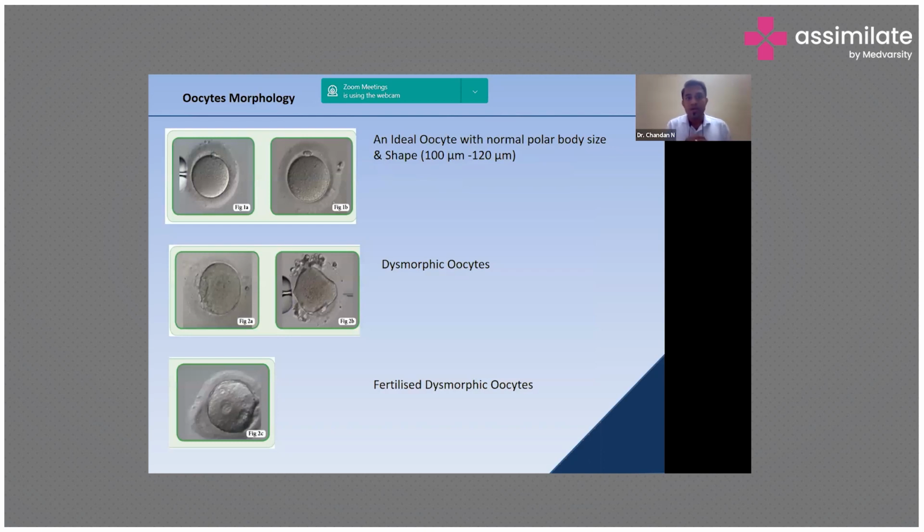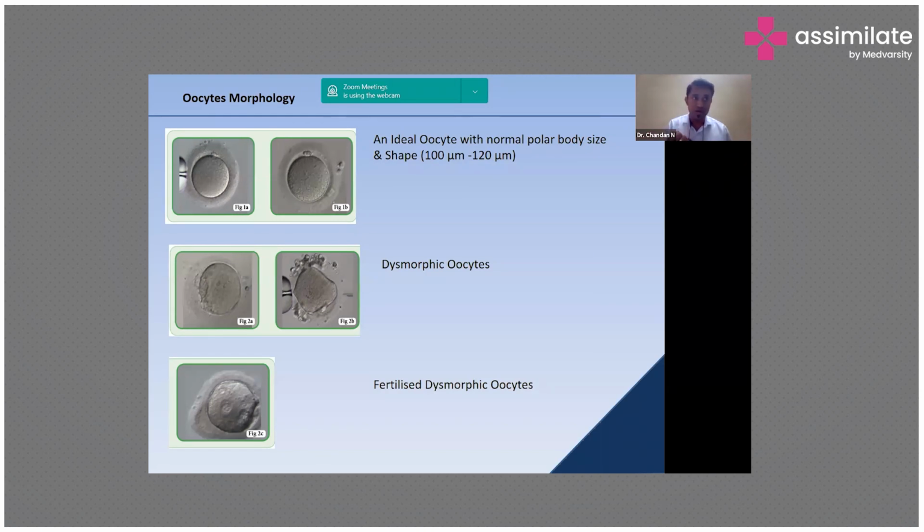Now coming to the oocyte, after looking into the morphology of the sperm. Here, the oocyte morphokinetics is also very important. On the top, figures 1A and 1B show an ideal oocyte, which ranges from 150 to 175 micron, the standard size of the oocyte.